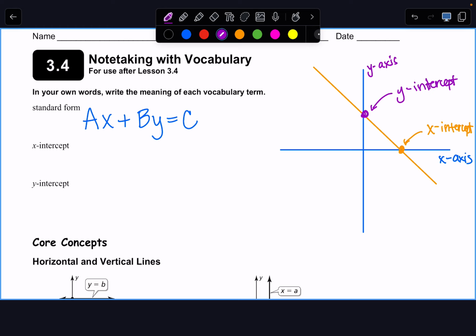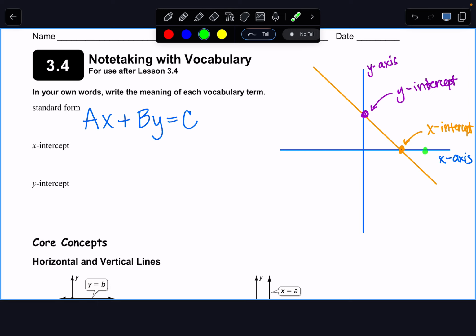Now, what's true about any coordinate x comma y? Any coordinate that I decide to plot on the x-axis. What is true about every single one of those green coordinates?